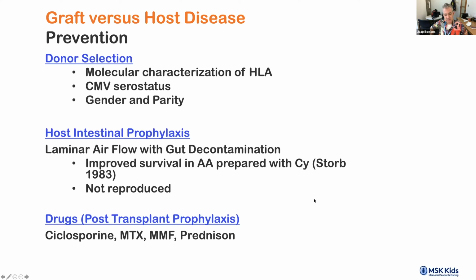The agents used are cyclosporin, methotrexate, MMF, and prednisone, also tacrolimus or sirolimus. So there are drugs given after transplant, immune suppression, in an attempt to reduce the risk of graft versus host disease. But even with these drugs, you can still develop graft versus host disease.